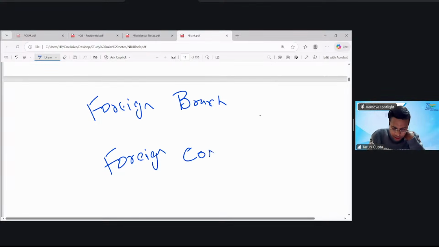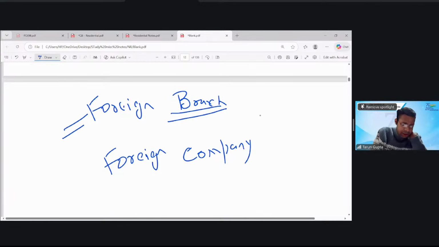What's the difference between a branch and a company? Can anybody tell? A branch is not a separate legal entity. It's only an extension of the main company. So if a company in India opens a branch in, say, Singapore, then the Singapore branch doesn't have a separate legal entity. It's just an extension of the Indian company.